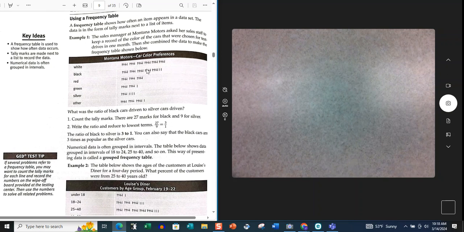So if you look here, you have black cars. You have 5, 10, 15, 20, 25. So it's 27 so far for the black cars. And we want the total for black and white cars.